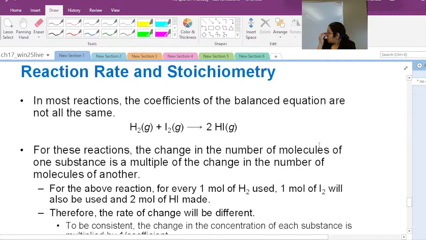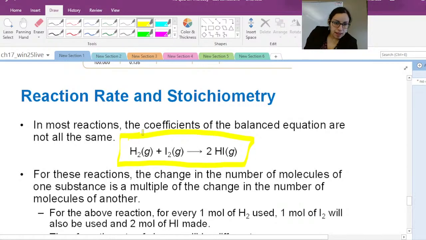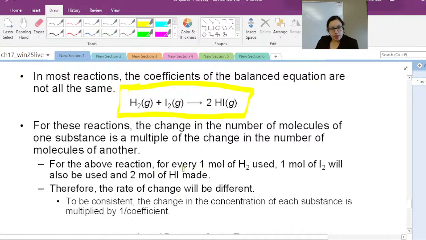Let's look back at the graph and understand this reaction rate thing. We're still focused on this reaction. Now it tells us, and we probably know this, that in most reactions the coefficients of our balanced equation are not the same. So for every 1 mole of hydrogen used and every 1 mole of iodine, we'll be making 2 moles of HI.